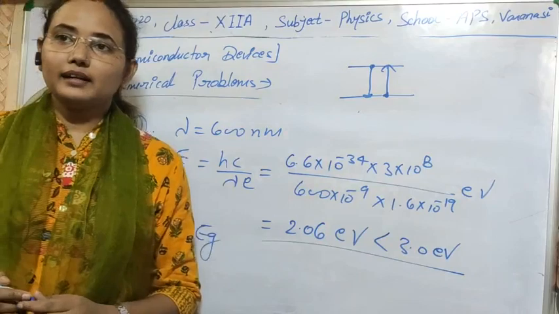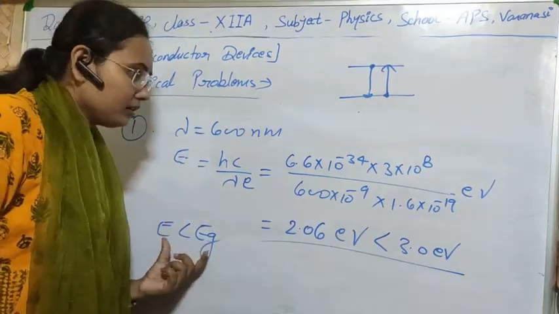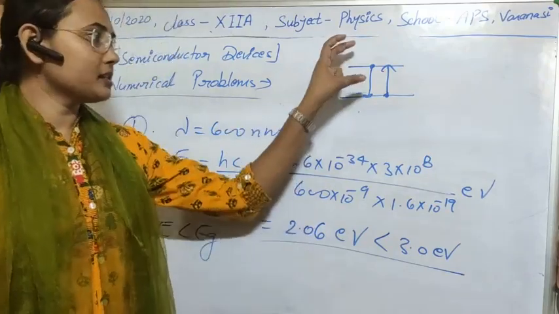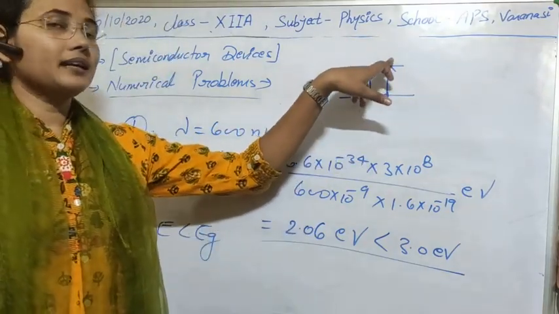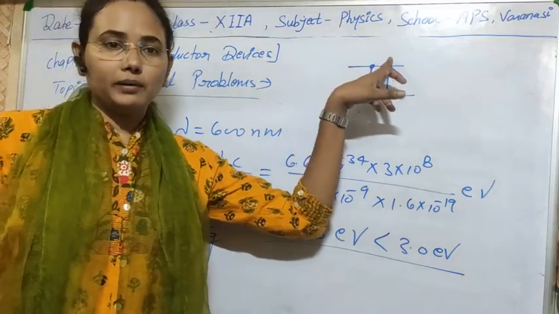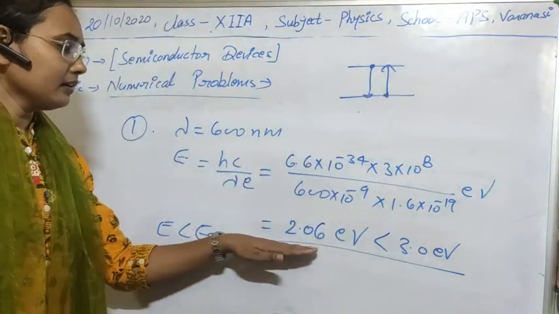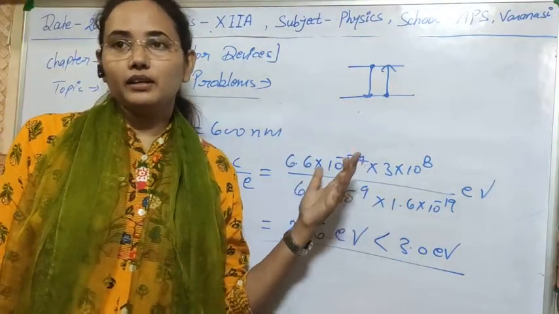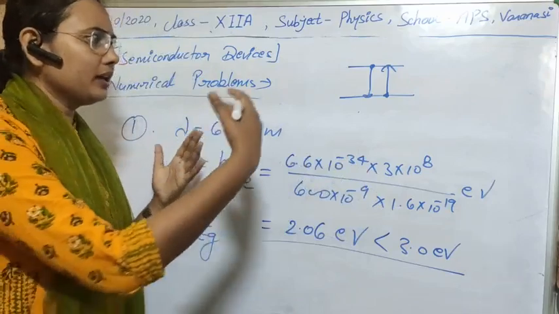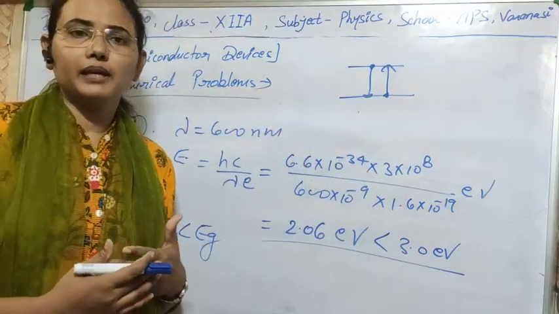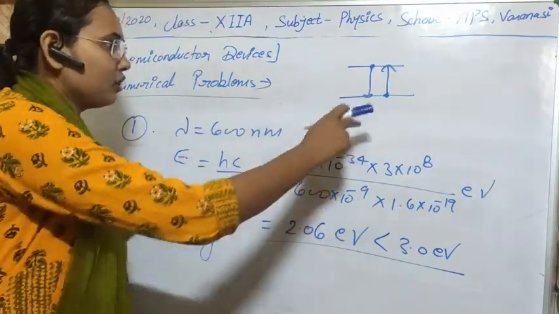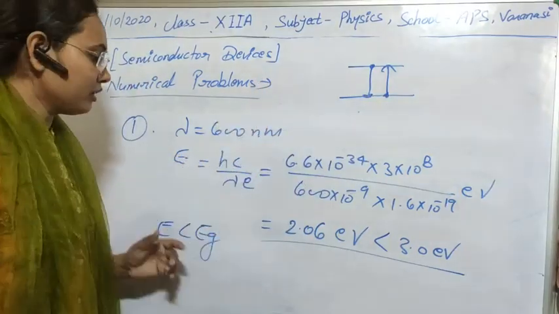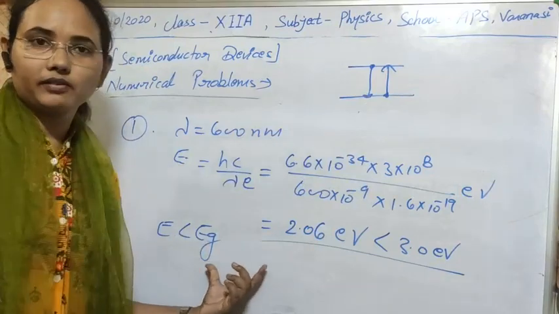As you know, any light which has energy less than the band gap energy cannot excite the electron into the higher orbit. Simply, no detection of current will take place. No electron will be emitted, because the energy of the light is not sufficient to cause any impact. So for this, no detection will take place.